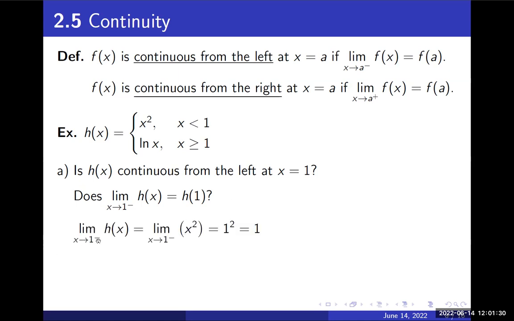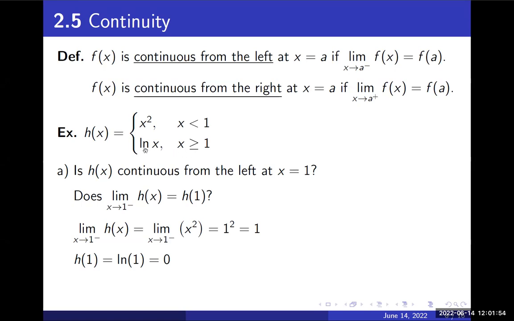Well, as we approach 1 from the left, we're going to take the piece that represents values a little bit smaller than 1. So we'll take the x squared, and we can simply plug in, and we get that limit to equal 1. Okay. How about the function value? h of 1, which piece do we need to use there?